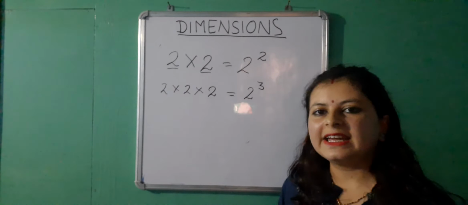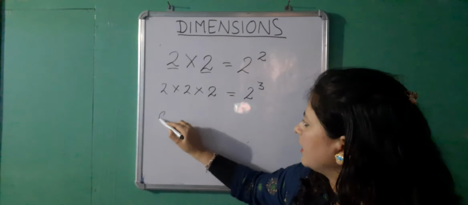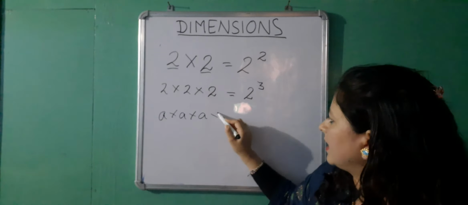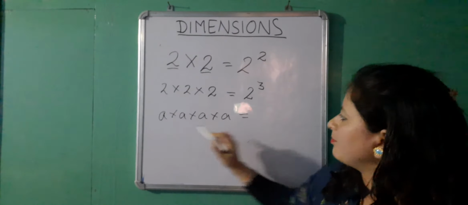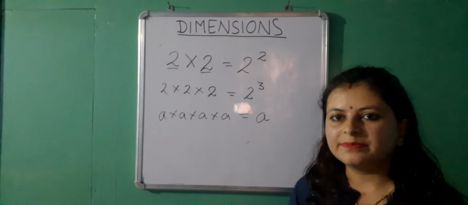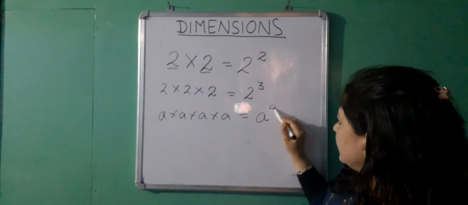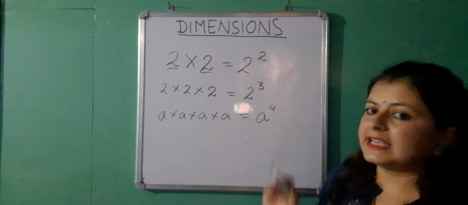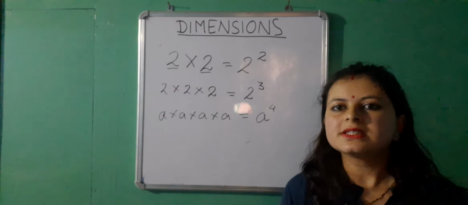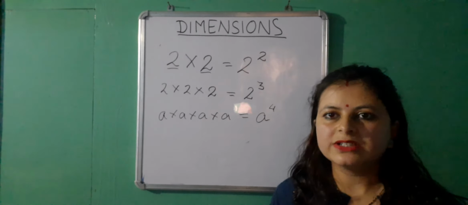So if I take any variable, say a, b, c, and I write a multiplied by a multiplied by a multiplied by a, the base here is a, and how many times has it been multiplied? 4 times. So we can write a into a into a into a as a to the power 4. So this is the basic idea regarding exponents, which is going to form a base for your understanding of dimensions.